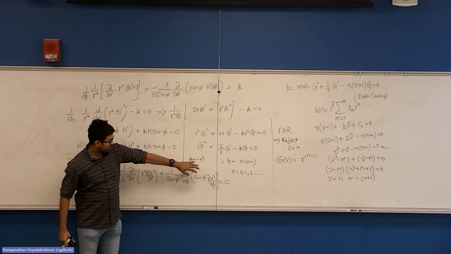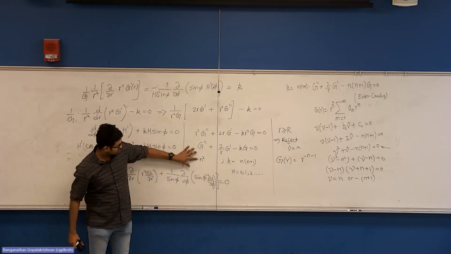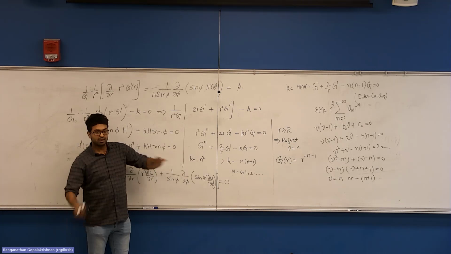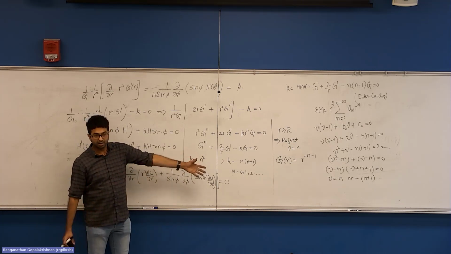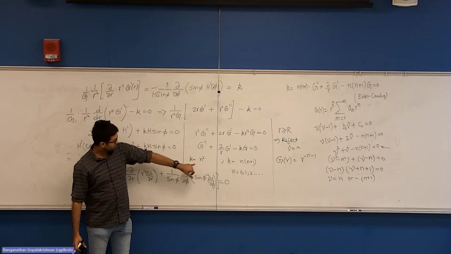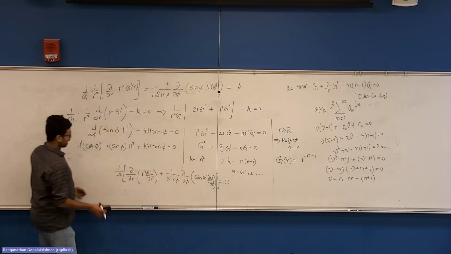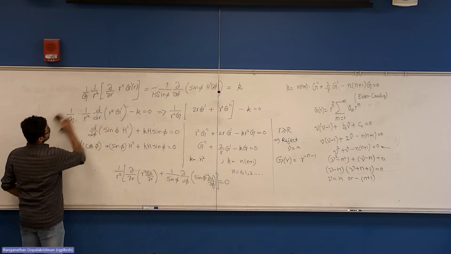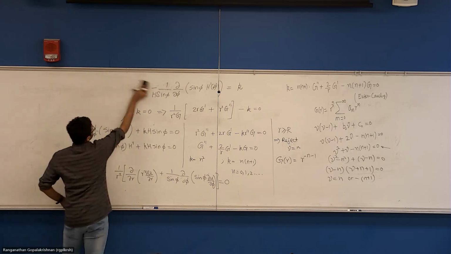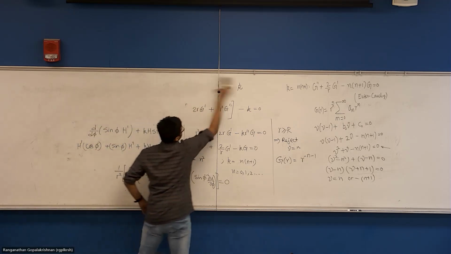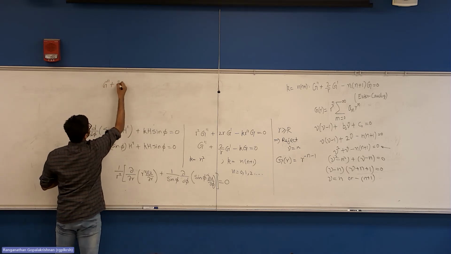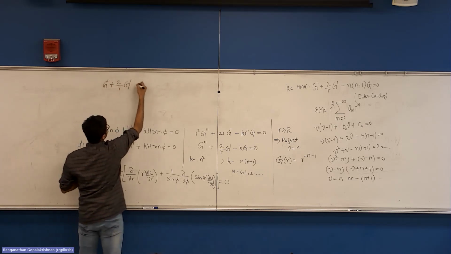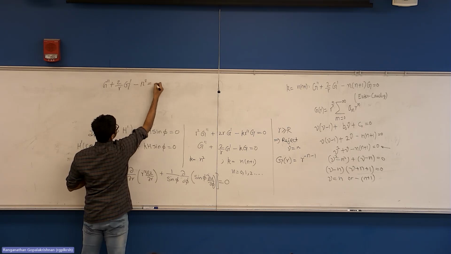If you contrast that choice with the other choice of, let's say, k equal to n squared, I want us to see what is the difference between spherical polar and cylindrical polar. So if you take k equal to n squared just for the heck of it, and we put it here, g double prime plus 2 over r g prime minus n squared g equal to 0.